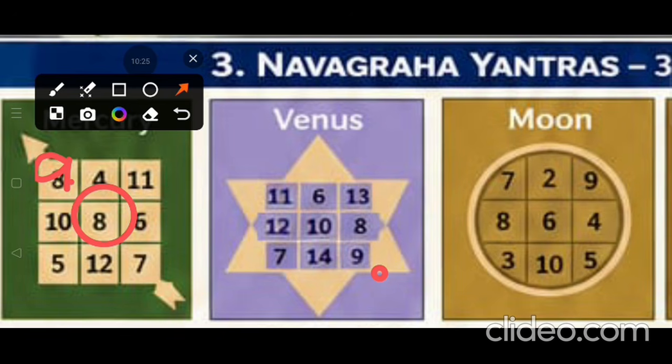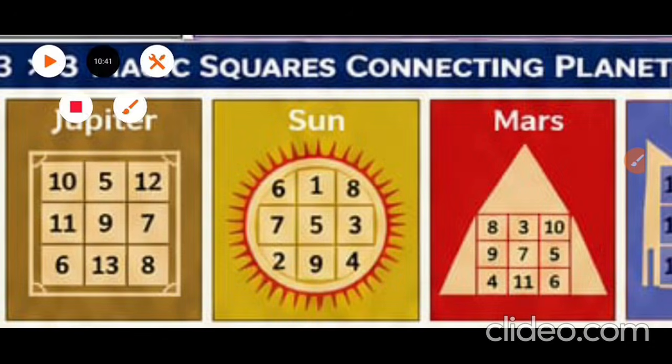If we look at the magic square of the Moon, here the middle number is 6. So the sum of each row, each column, each diagonal will be 18. If we look at the Jupiter magic square, here the middle number is 9.